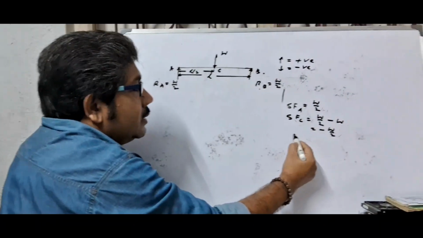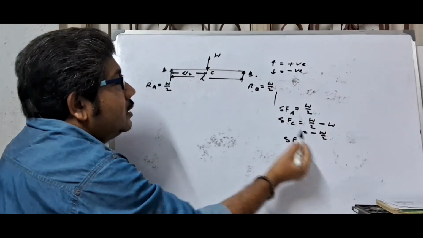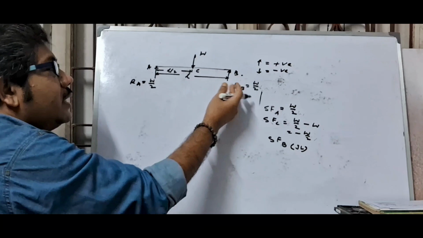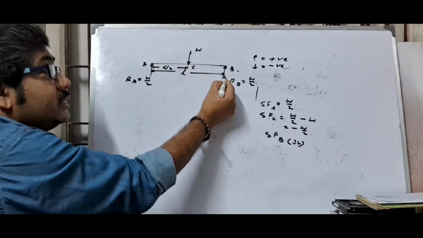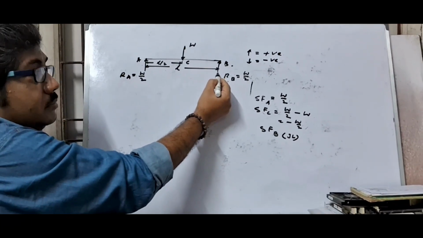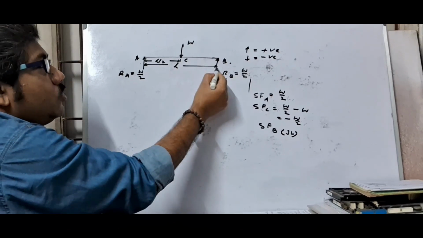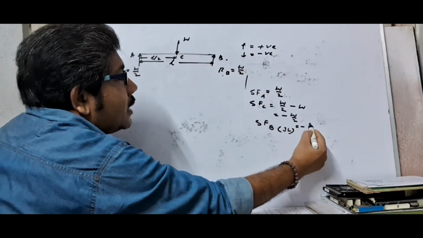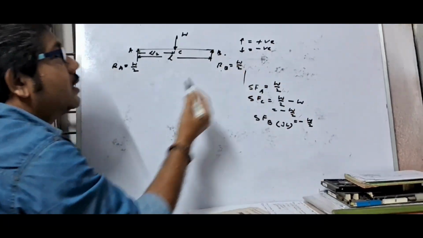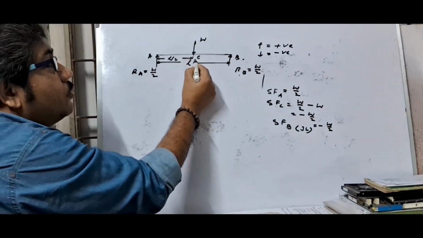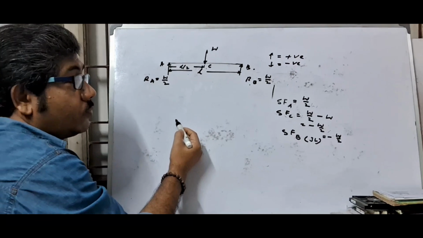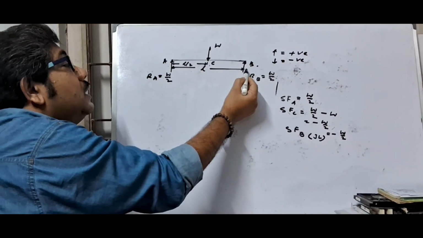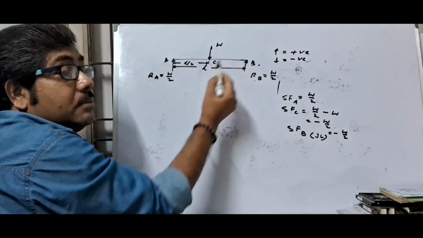Now at point B, just left, when you don't touch the point B, that means up to point B, the previous value minus W by 2 here, because there is no load from C to B.